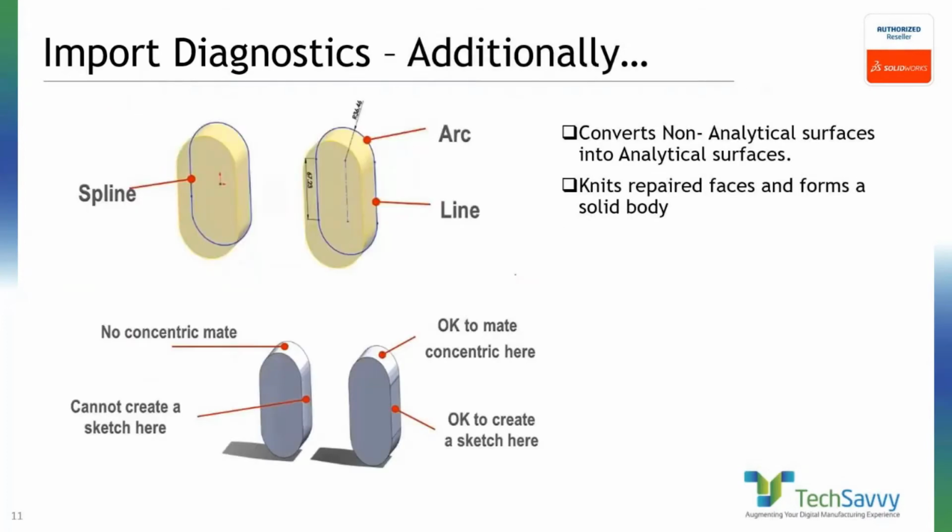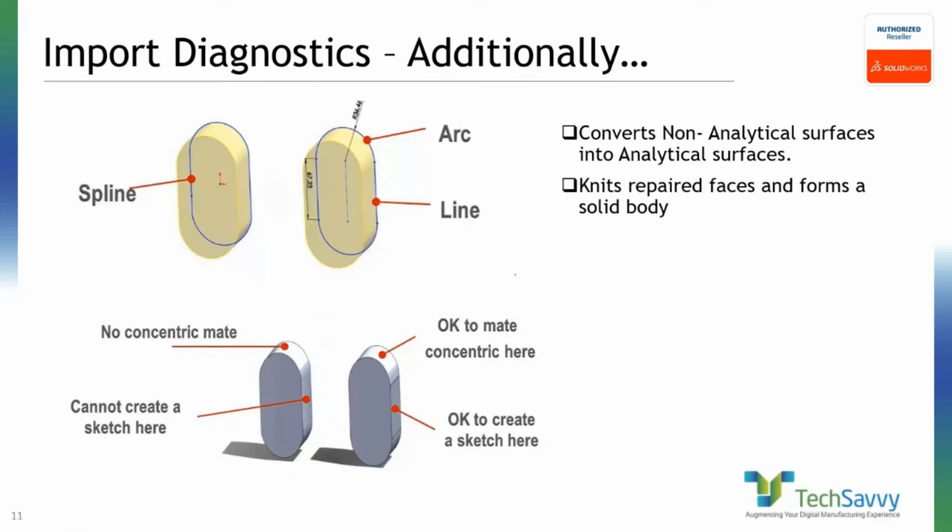Next, in the previous slide I mentioned that non-analytical surfaces are converted into analytical surfaces, and then the repaired faces are knit to form a solid body. As you look at the two pictures, I made two bodies, one with a non-analytical curve like a spline, and the right side made with analytical curves like arc and line.